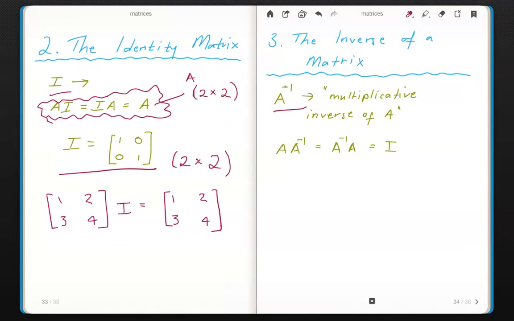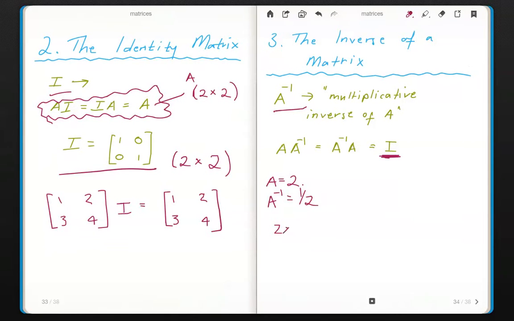A to the minus 1 is how we write the inverse of the matrix A. And we define it as saying A times the inverse of A is equal to the inverse of A times A, which equals I. So it's going to equal our identity matrix at the end. If you, again, think of it as if A equals 2, the inverse of 2 equals 1 over 2.